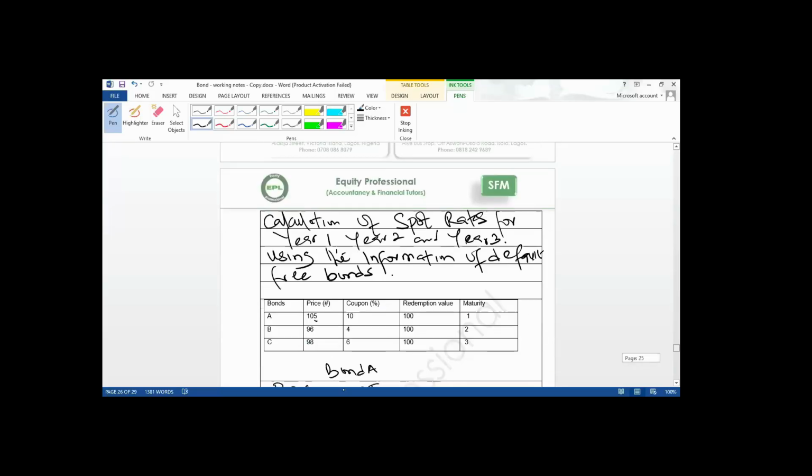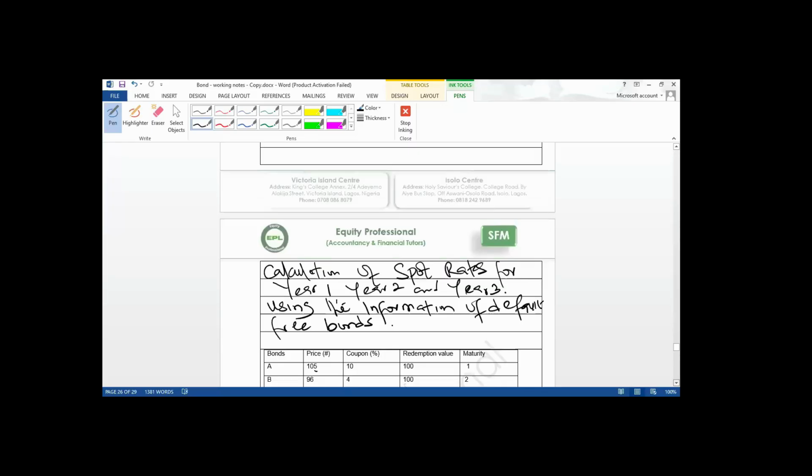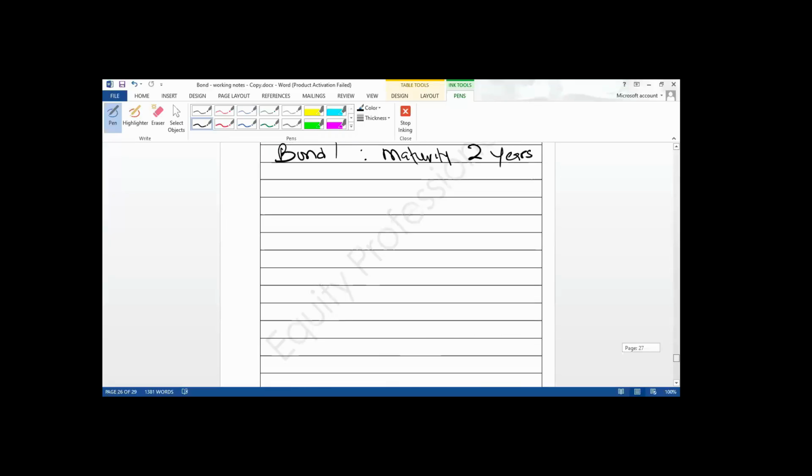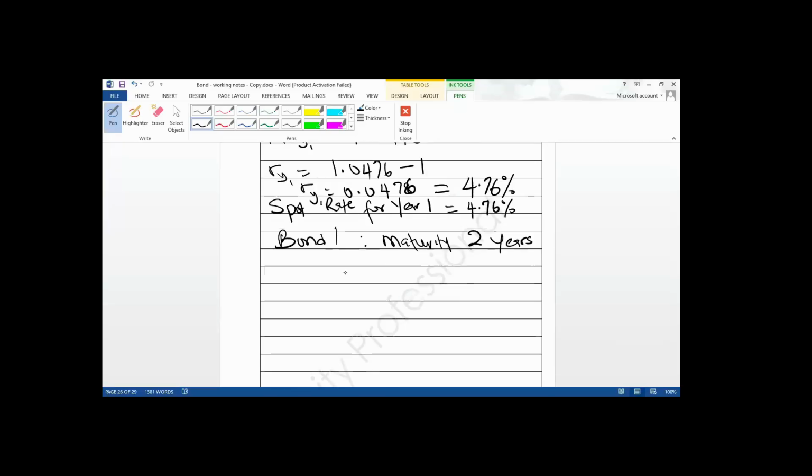The price of bond B is 96 naira. Coupon is 4%. Redemption is at 100 naira. We can use this information to derive the year 2 spot rate.